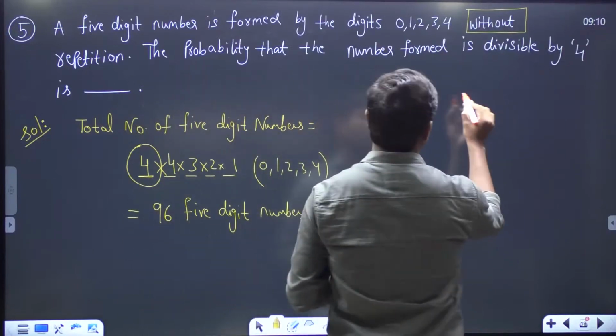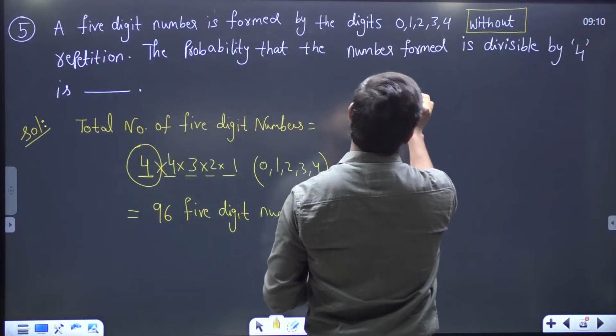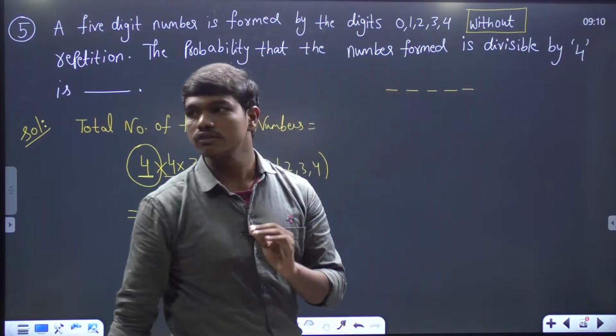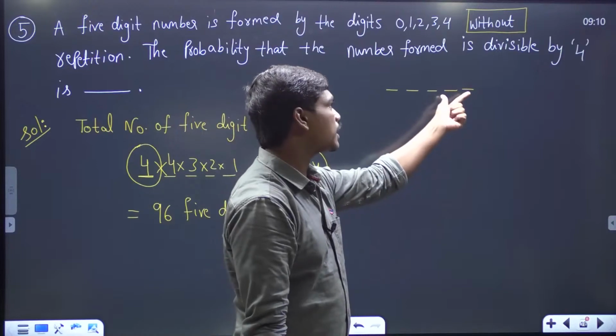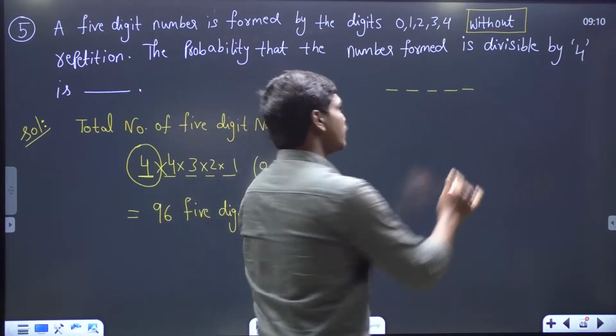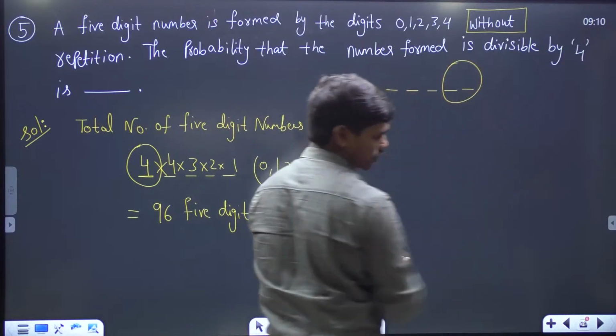Now, if you want to form a 5-digit number which is divisible by 4, look. If you recall your divisibility rules, what should the last 2 digits be? The divisibility rule for 4 says the number formed by the last 2 digits should be divisible by 4. Correct?